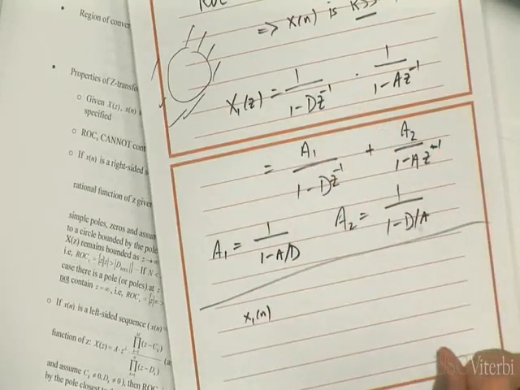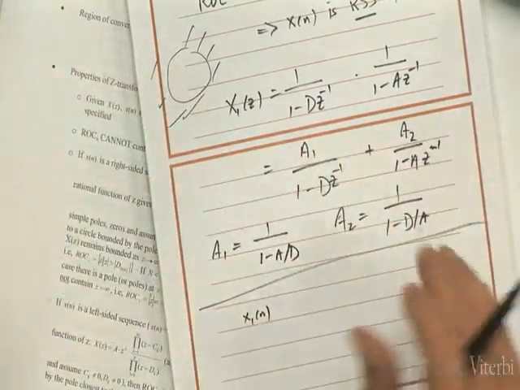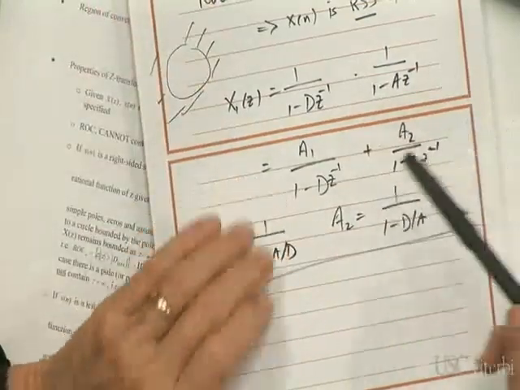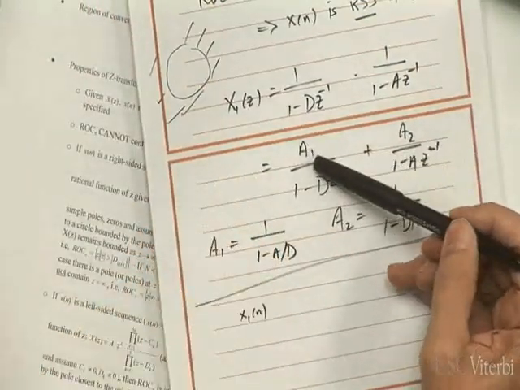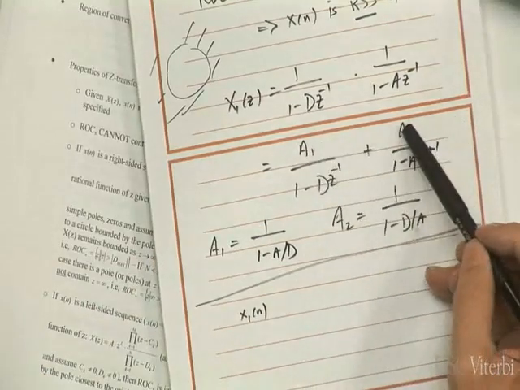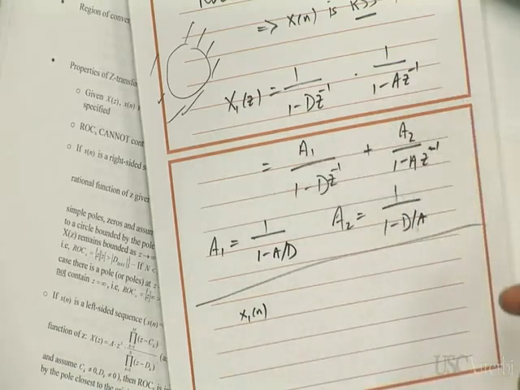It could be two-sided. In any case, you do know that you want to compute the inverse transform of this and the inverse transform of this and then add them together, but you don't know if each is right-sided or left-sided.